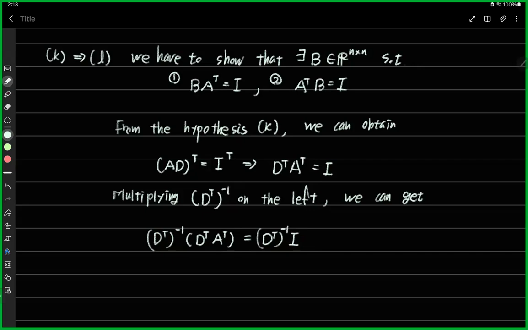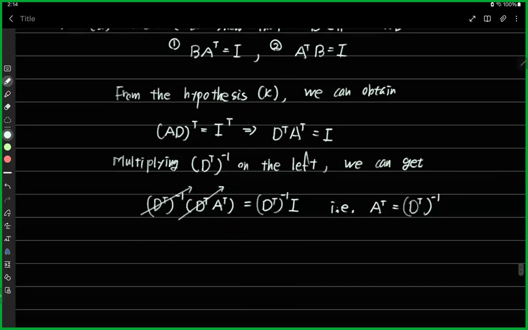Now D transpose inverse and D transpose turn out to be the identity matrix, right? So A transpose is equal to D transpose inverse. It means that A transpose is D transpose inverse.